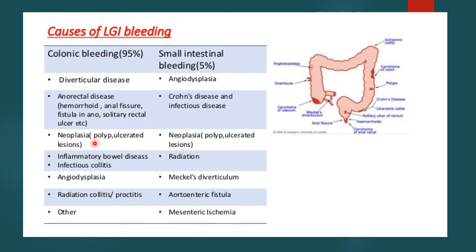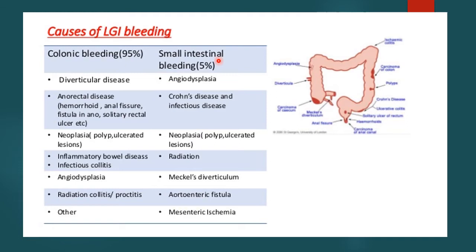Neoplasia, polyps, ulcerated lesions of the colon, inflammatory bowel disease, and infectious colitis, angiodysplasias, which are venous or AV malformations in the bowel, radiation colitis and proctitis, and some other rare conditions.